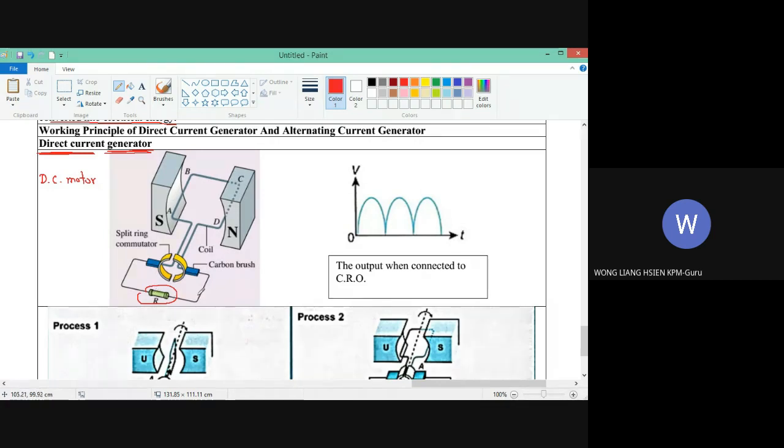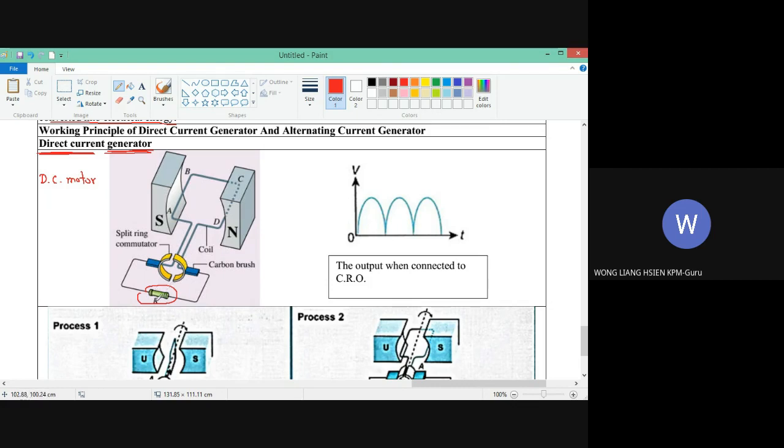You supply the current to the coil, and the coil will produce a catapult force that causes the coil to rotate. So you have a direct current motor. Here in the direct current generator, the split ring commutator and the carbon brush are exactly the same as in the DC motor.